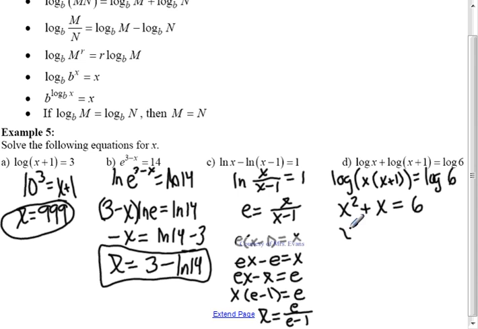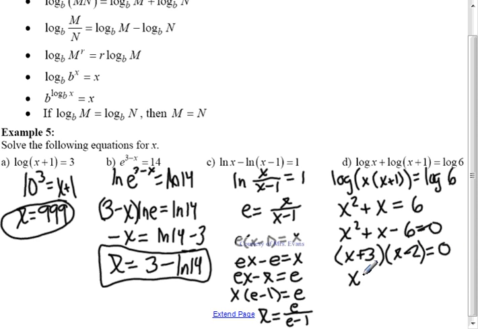x squared plus x equals 6. Move 6 to the other side. x squared plus x minus 6 equals 0. Okay, factor. I can factor this into x plus 3 times x minus 2, equal that to 0.